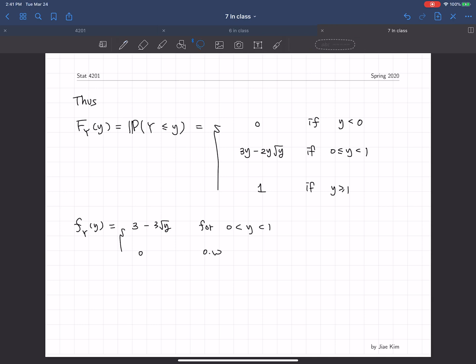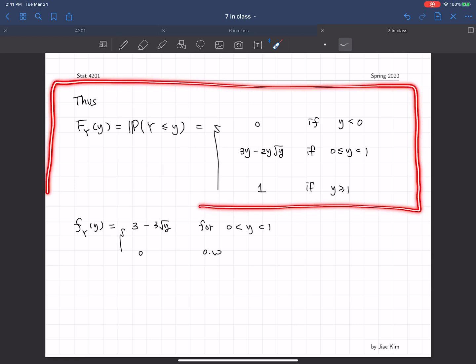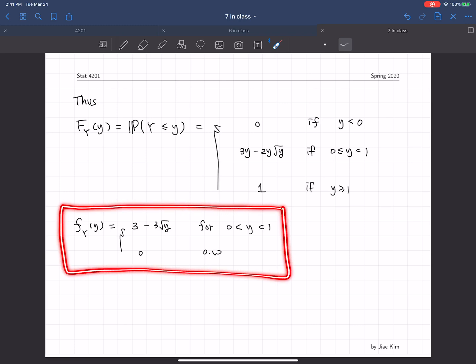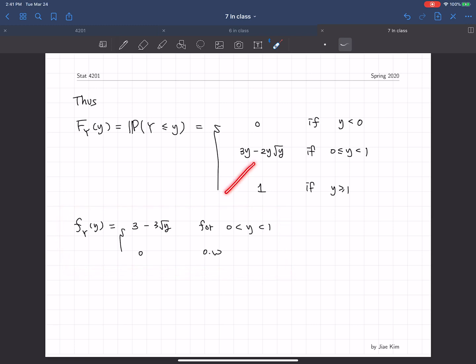So we could either finish by stating the CDF of Y, or derive the PDF of Y from the CDF. Whenever you reach a certain form of PDF, you could even find the name of this new random variable Y. But in this case, we don't have any specific form for this PDF. Y is just a random variable with a density function looking like that.